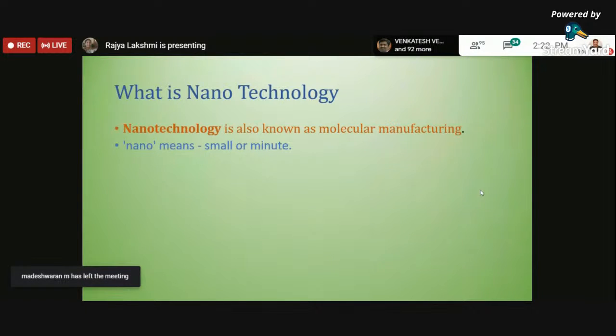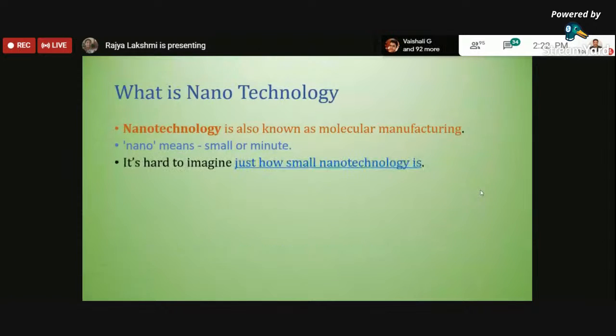Already everyone knows that nano means small or minute, and it is very hard to imagine how small the nanotechnology or nanoscience or nanoparticle is. But still, the impact is big. We can't even imagine how big it is when compared to the term nano.